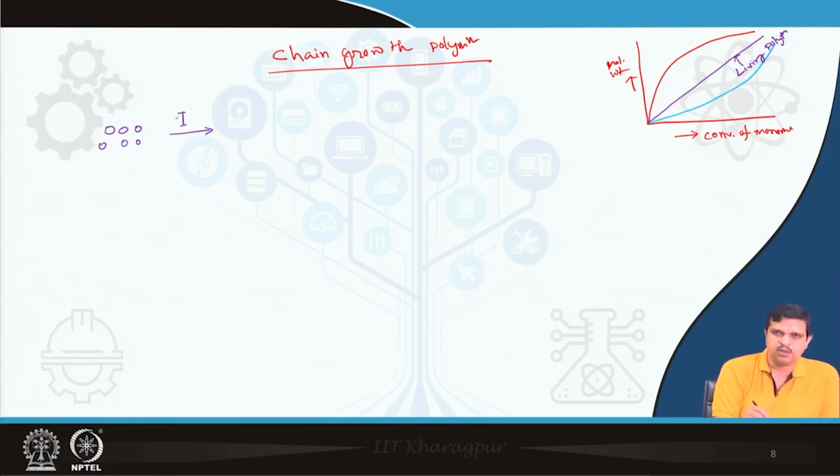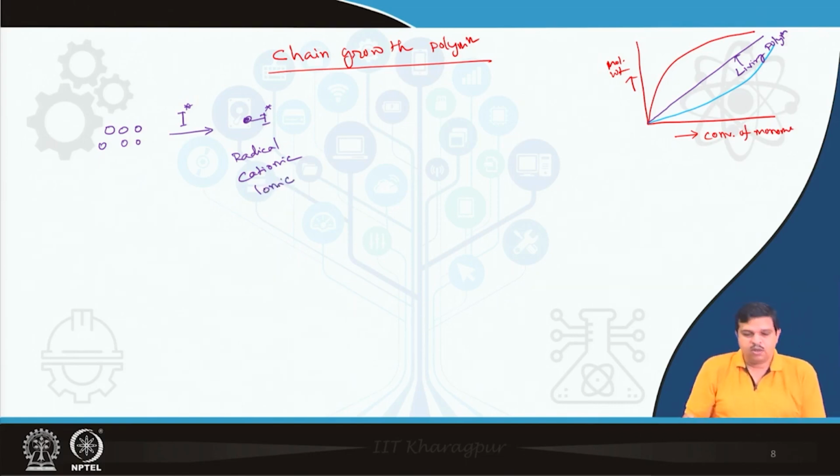In most cases it is a radical, or maybe cationic or anionic. So, I have to make a reactive species. This may be a radical, cationic, ionic, or it may be metal catalyzed. But I have to make a highly reactive species.